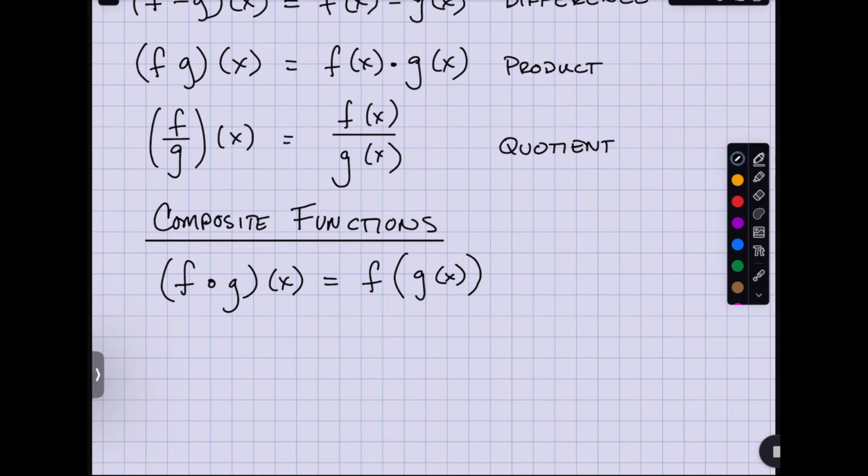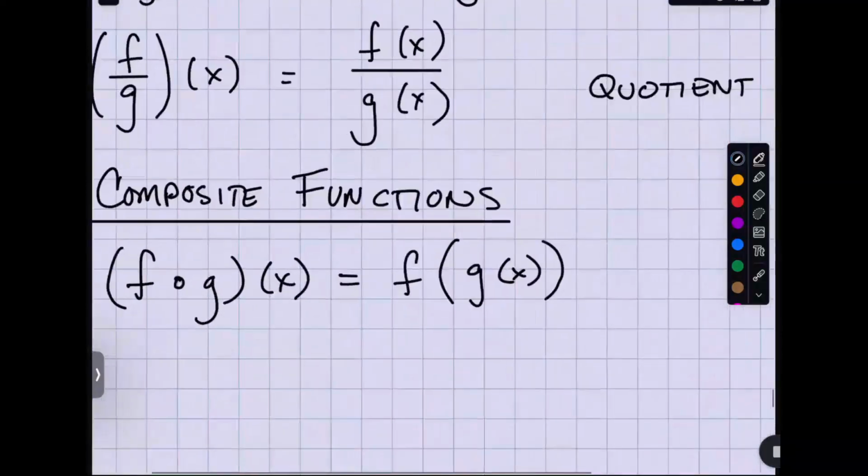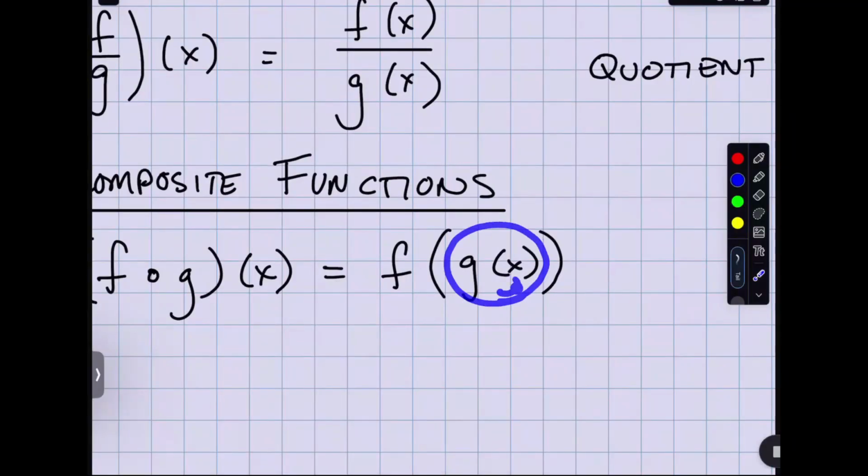So a composite is like the human centipede. That is gross. So what's a human centipede? The thought behind it was you feed the head, and the result coming out of the head feeds the next link of the centipede, right? The composite is exactly that. It's saying, I want you to do g of x first.